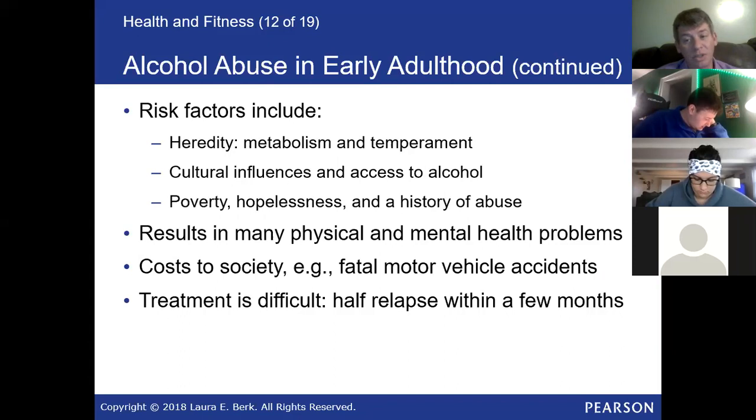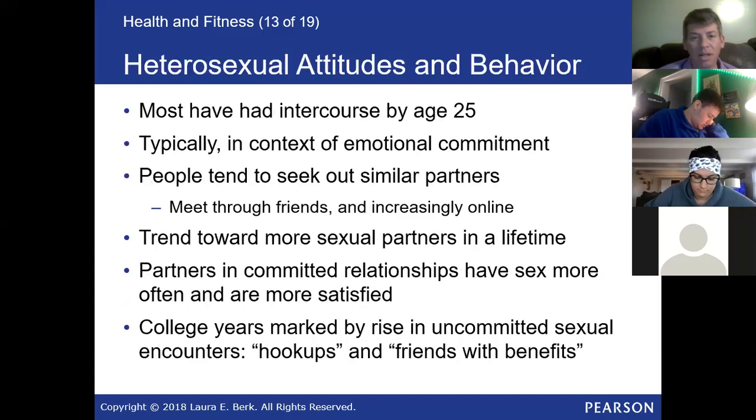The reverse is true for Italy, and you see alcoholism rates significantly lower in Italy than you do in Ireland. Also, some other risk factors include poverty, hopelessness, and a history of abuse. Results in many physical and mental health problems. The cost to society, for example, of fatal motor vehicle accidents. Treatment is difficult. Half of those treated often relapse within a few months.